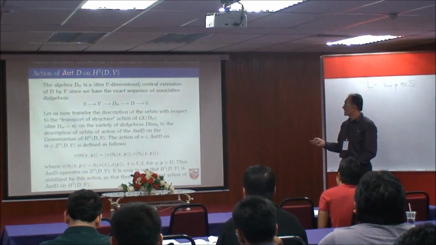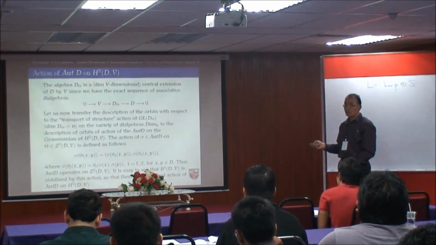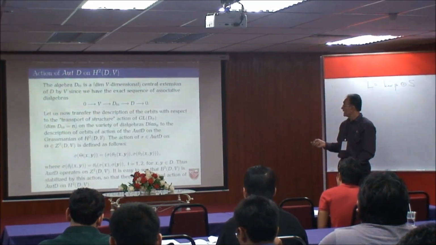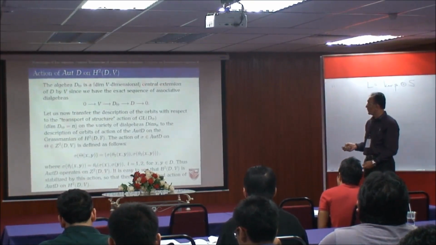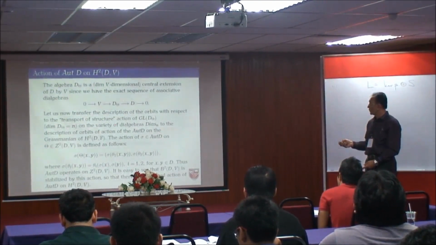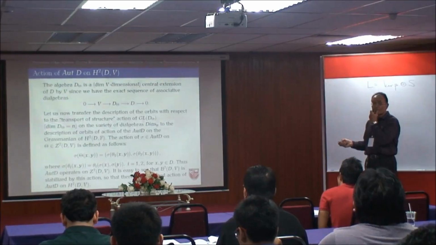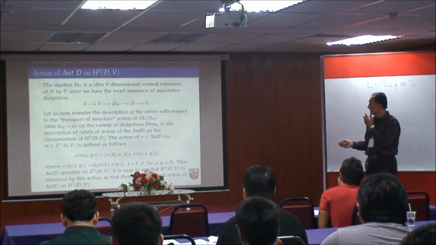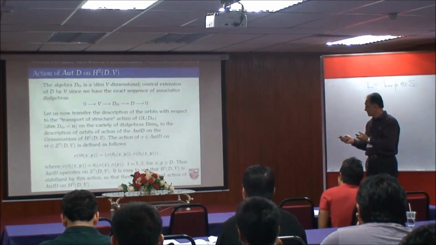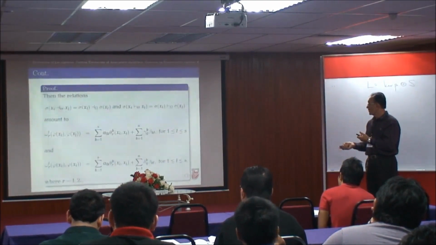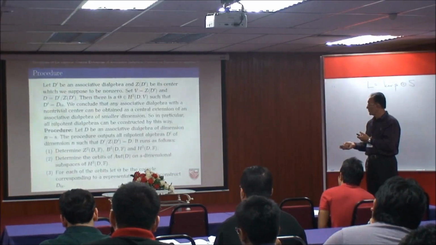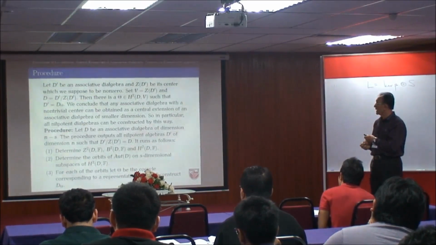Then I will calculate the automorphism group of D. I will calculate the second cohomology group of D. Then by using this automorphism group of D and elements of the cohomology group, I will construct D theta, an extension of D. How to do it? Let me show first the algorithm.